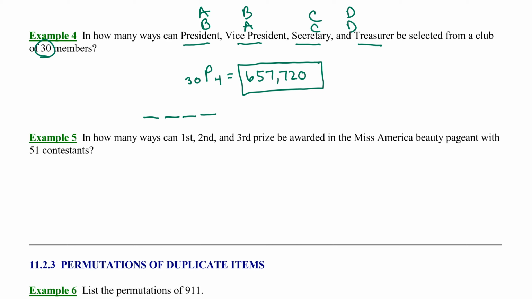Well, at first, we have a total of 30 members to choose from. When I choose a person for president, that person is no longer available to serve the office of vice president. So that leaves 29 students possible for vice president. When those 2 spots are chosen, only 28 members are eligible for secretary, and then finally 27 for treasurer.